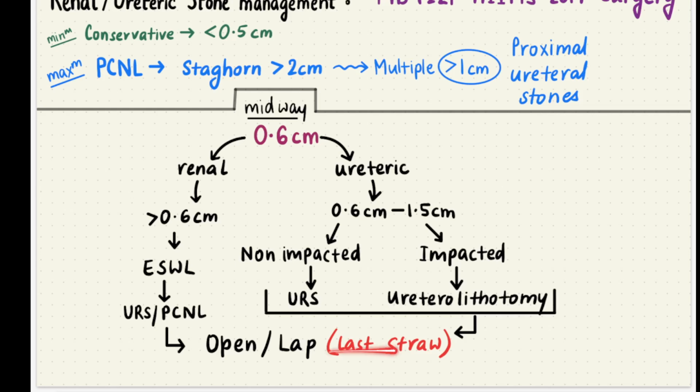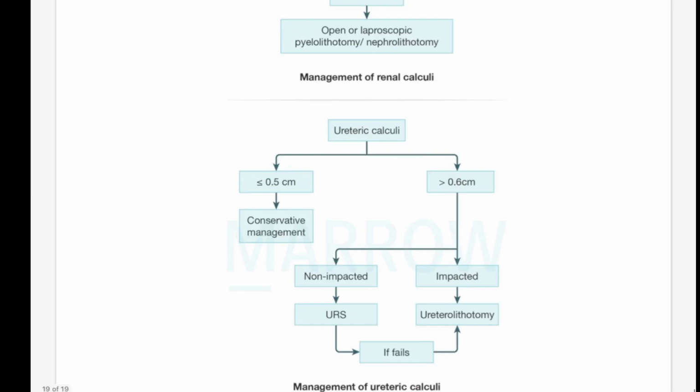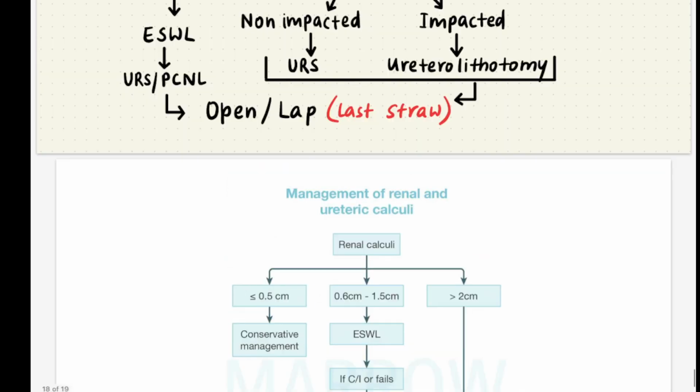So in between you just have to remember these things, and that's it. Then you don't even have to remember these two separately and try and mug up everything. If you just pick up the common things, I guess you'll be good to go.